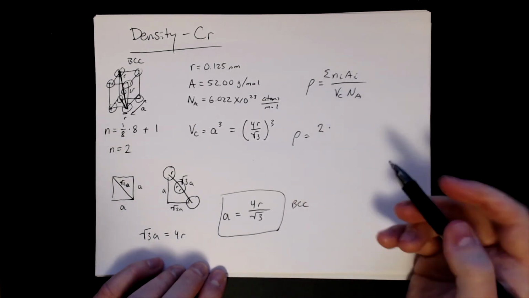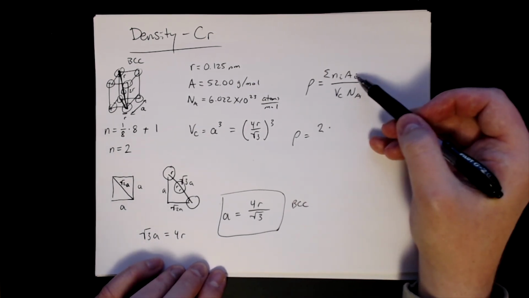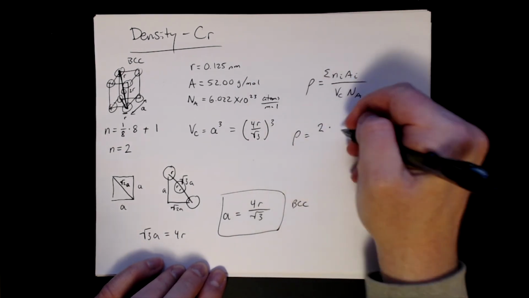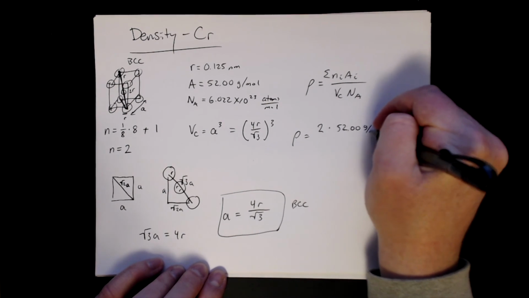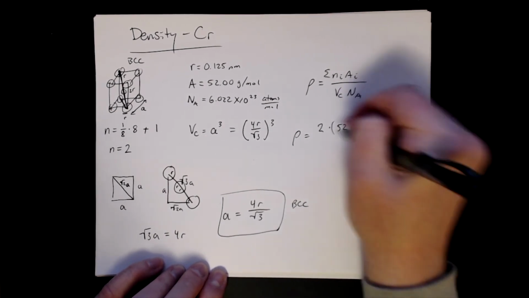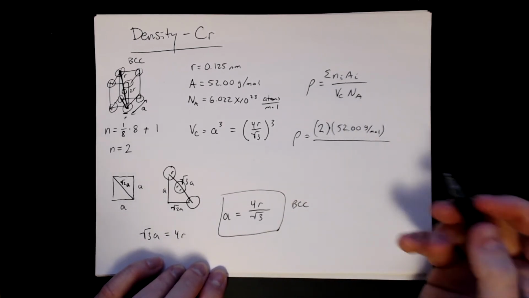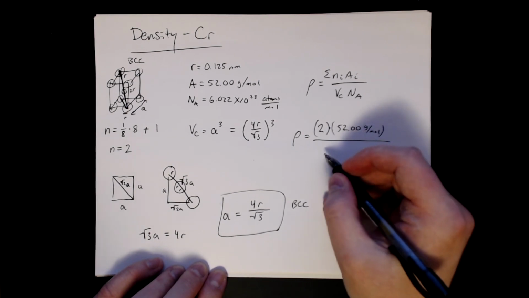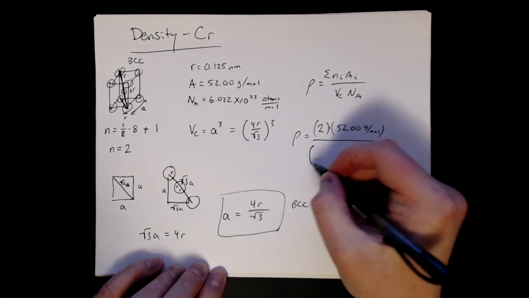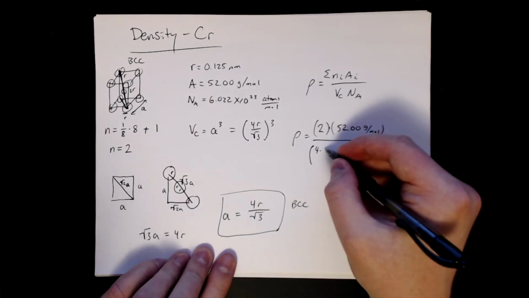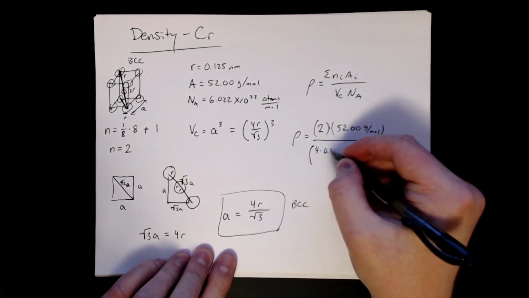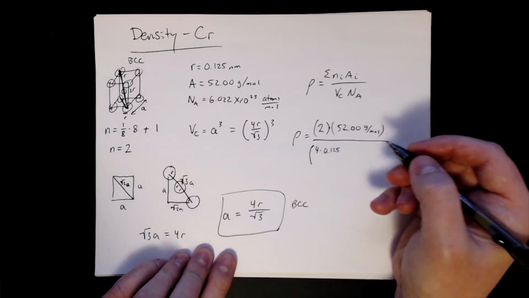We know the atomic weight given to us, 52.00 grams per mole. On the bottom, we have the volume expression. So 4 times the radius, 0.125 nanometers.